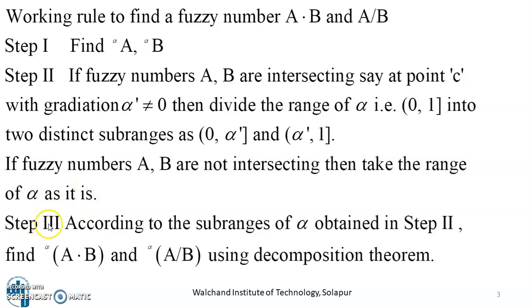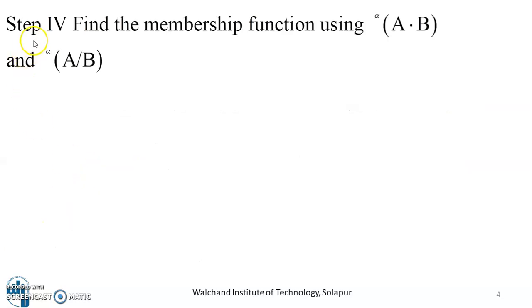In step number 3, we have to apply the decomposition theorem for finding the alpha cut of A into B and alpha cut of A divided by B. And in step number 4, we have to obtain the membership function using the alpha cut of A into B and alpha cut of A divided by B by equating the initial point of this alpha cut and end point of this alpha cut to x and expressing alpha in terms of x.